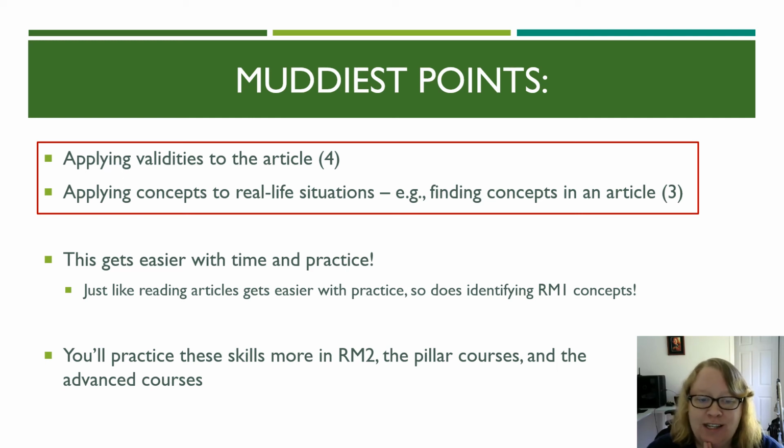A lot of you mentioned that it was really hard at the beginning, but with each one that you did, it got easier and easier, and now it's not so bad. It just takes practice, right? And the same thing goes for identifying methods concepts and seeing where they're playing out in real life or in articles that you're reading. It just takes practice. You've got some practice in this class, and you're going to practice these skills more when you take Methods 2 and the Pillar courses and the advanced courses as well. So you're going to continue to practice these skills.